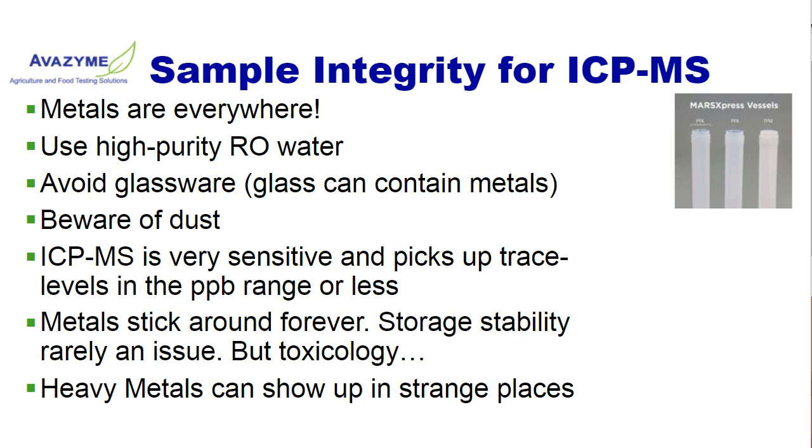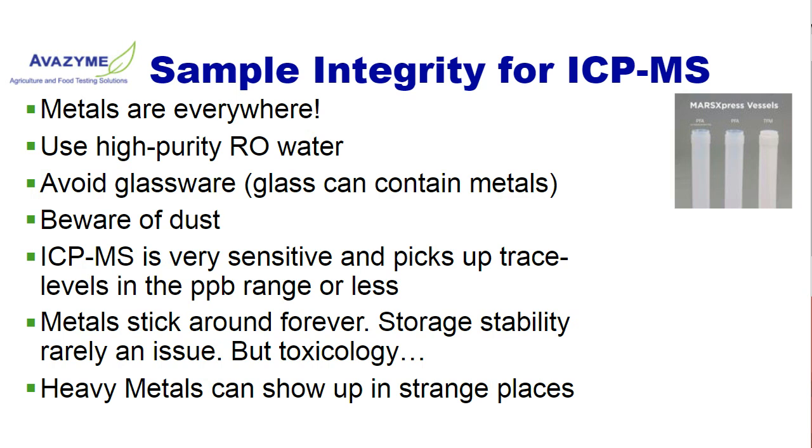Plastic generally has a lot lower metal contamination. And any of the reagents that touch the sample are also crucial. Any of the acids that we use for digestion are trace metal grade, which are especially low in any of the metals that we measure.